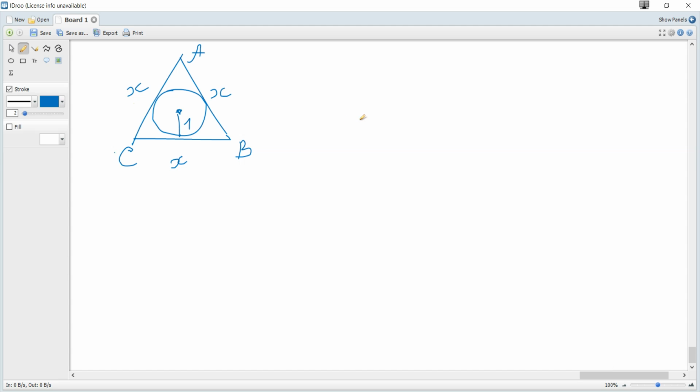Let PC of n represent the perimeter of any n-sided regular polygon circumscribed about a circle of radius 1 unit. Show that PC of n is 2n multiplied by tangent of pi over n.